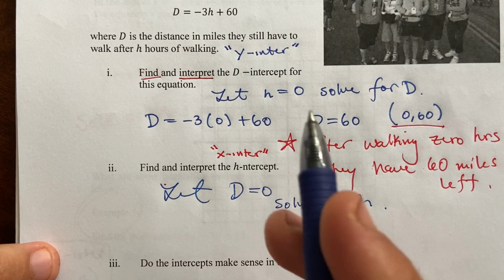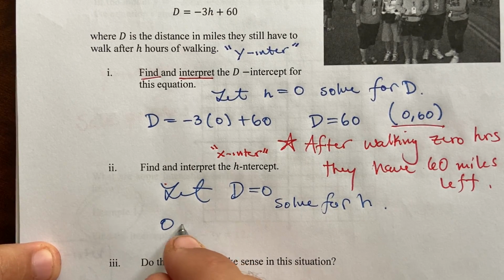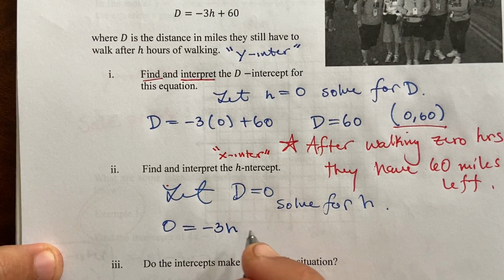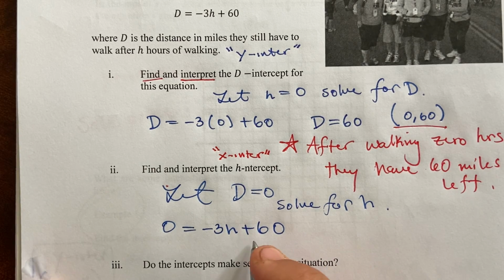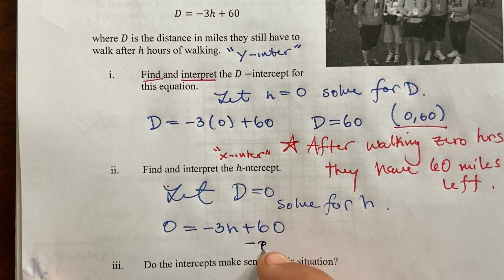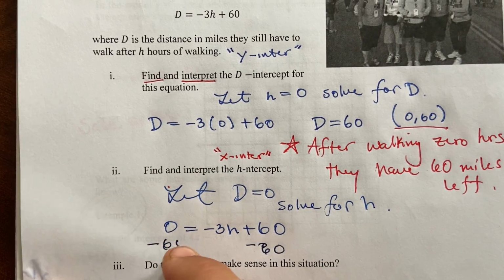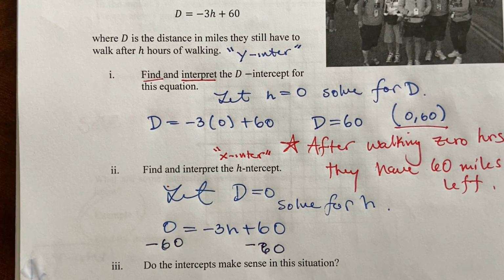So going ahead and doing that, 0 equals -3h plus 60. All right, I've plugged in 0 this time for d. Addition property says I can subtract. So I'll subtract 60.